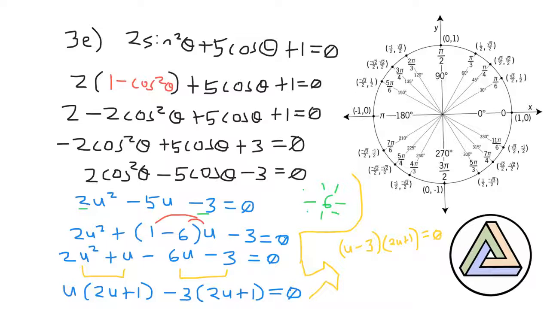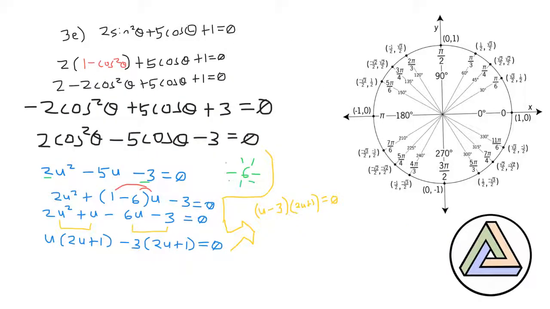So we're going to review that right now. Setting up the first equation, we'll bring it down here. u minus 3 equals 0. Therefore, u equals 3. And we'll leave it alone for now. Looking at this one, 2u plus 1 equals 0.